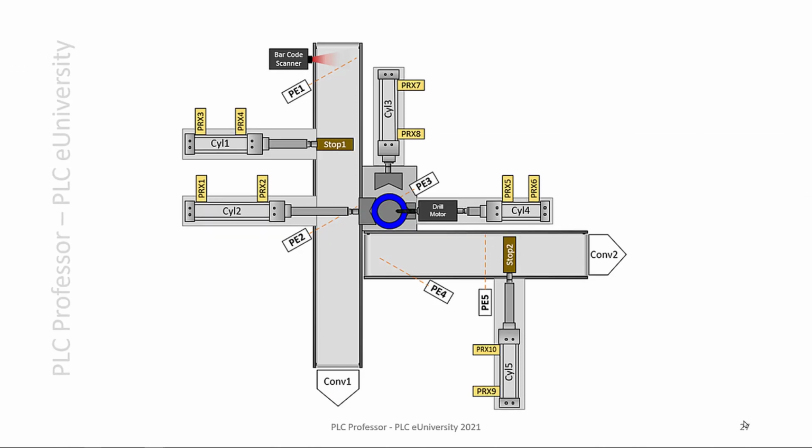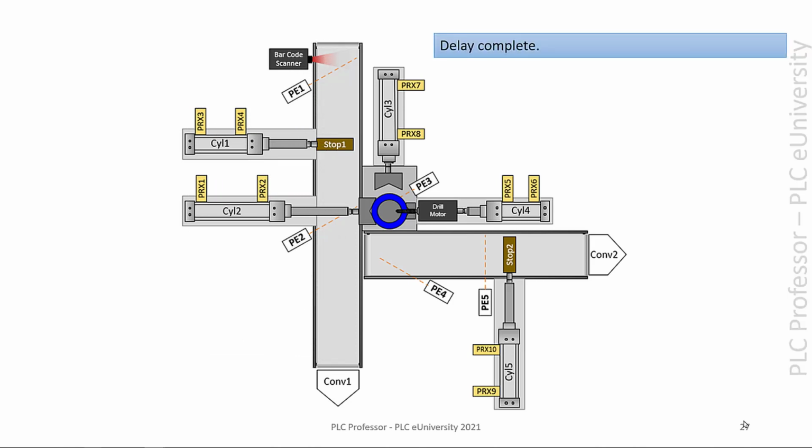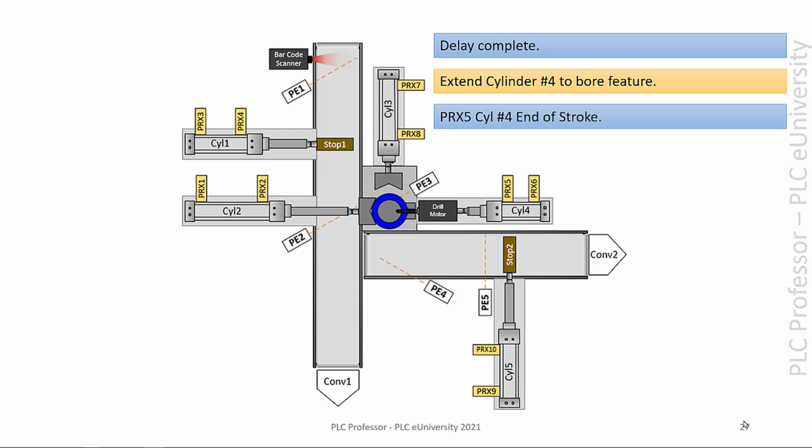Okay? At some point, that drill bit is going to be all the way into the part and into the center cavity. Now we're going to know that because we extended cylinder 4. I got ahead of myself a little bit. Okay, the delay was complete to get it up to speed. We extended cylinder 4, and now prox 5 into stroke says it's all the way in there.